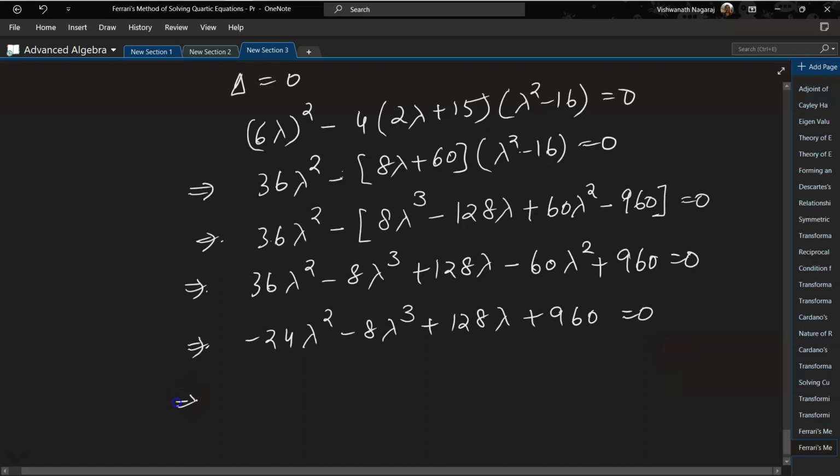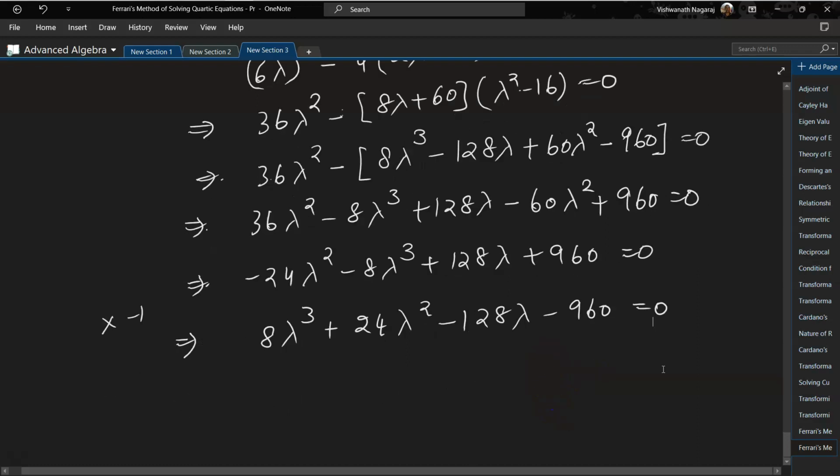Now let's rearrange and multiply it by minus 1. So this becomes 8λ³ + 24λ² − 128λ − 960. Okay. Now 8, 1's 8, 8, 3 is 24, 8, 16 is 128, 120. So this can be divided by 8. So λ³ + 3λ² − 16λ − 120 equal to 0.